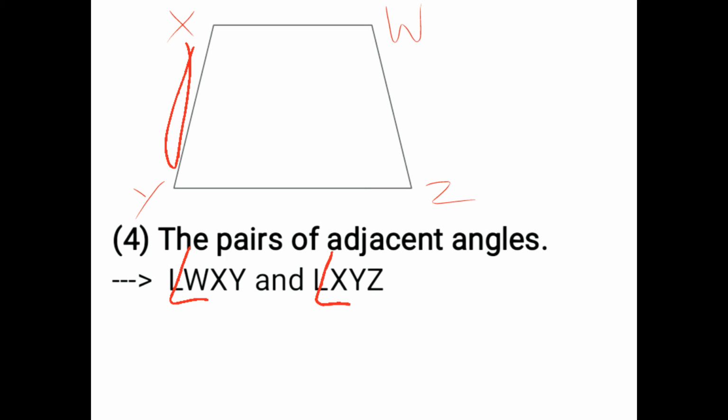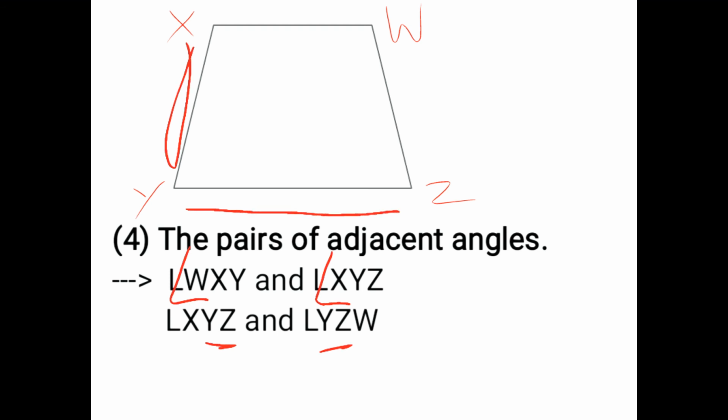Okay. Next is angle XYZ and angle YZW. Angle XYZ and angle YZW. Okay, YZ is the common side or common arm. Next is angle YZW and angle ZWX.